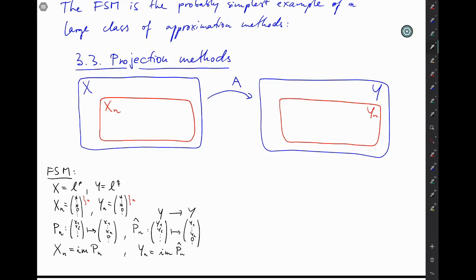Okay, and in the same style we would say that this Pn here is going from capital X to capital X. Right, so much about the finite section method.